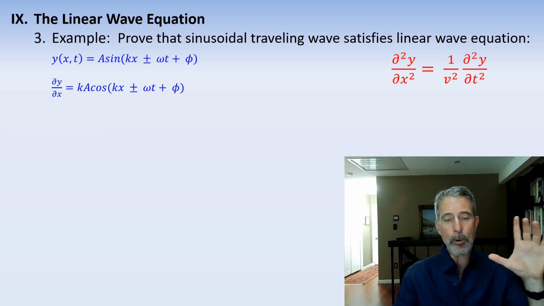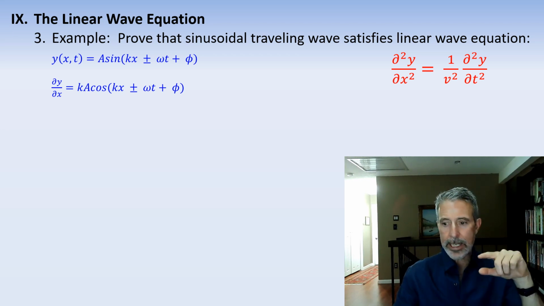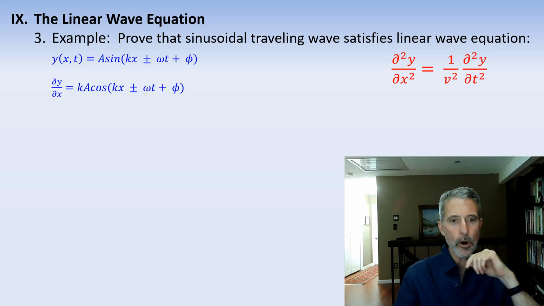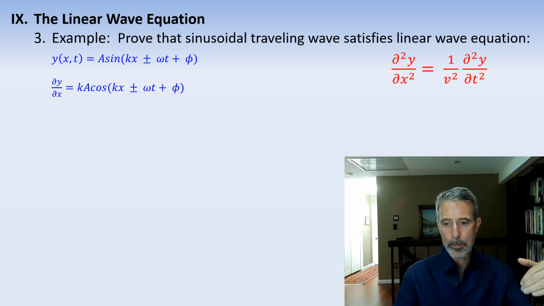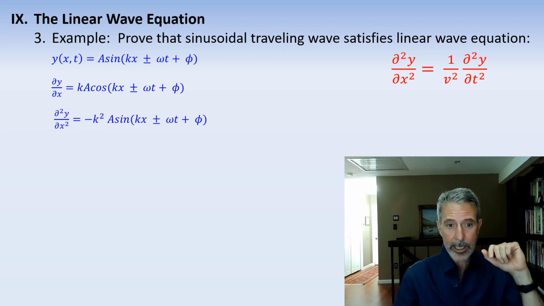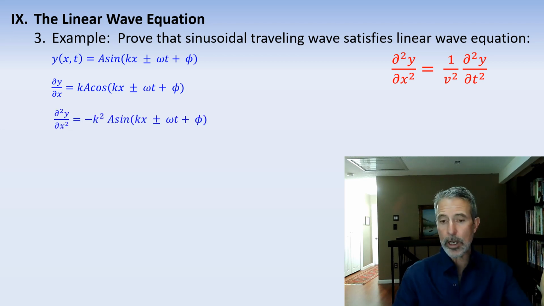And remember, when you take the partial derivative of the function with respect to a variable, in this case x, we will treat any other variable, in this case t, as a constant. So when we differentiate the sine function with respect to x, we have to multiply by the factor k, but we treat t as if it were a constant. We will differentiate our wave function once again with respect to x to get the second derivative. That will turn our cosine function into a negative sine function, once again multiplied by the factor k.